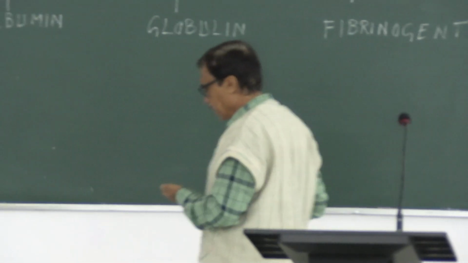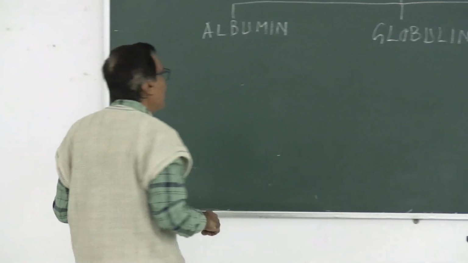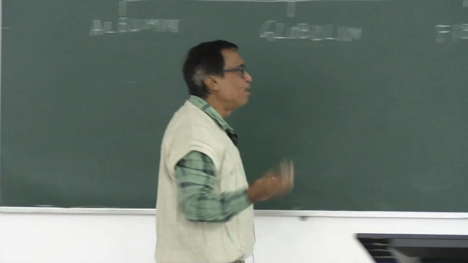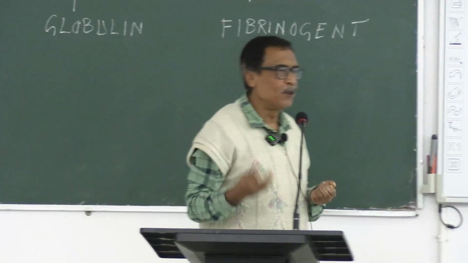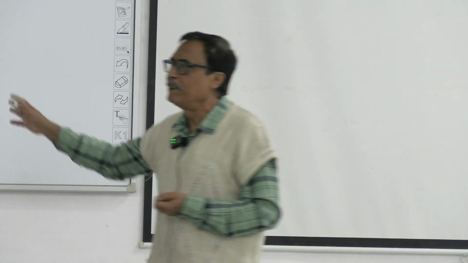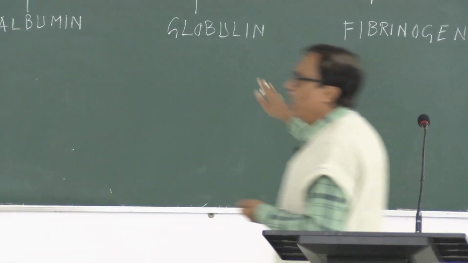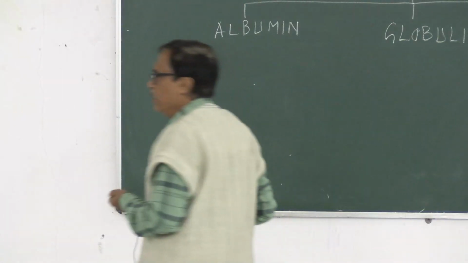We express any concentration in per dl, either gram per dl, milligram per dl, microgram per dl or picogram per dl. Proteins present in microgram or picogram per dl I will not mention here. I am just mentioning proteins present in abundant quantities.